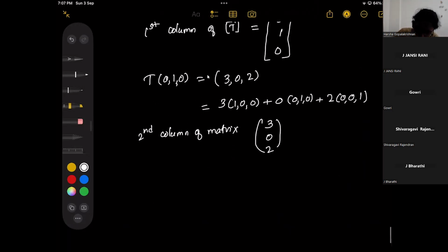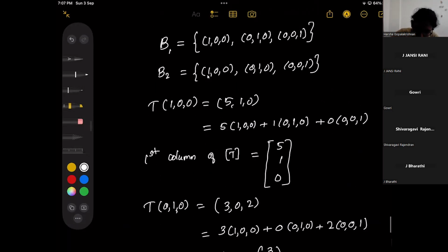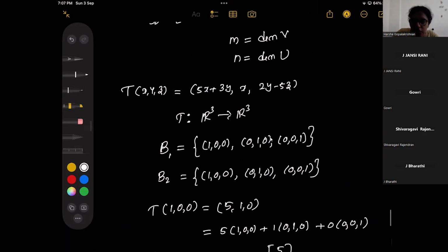Now, we can find T of 0 0 1. The third element 0 0 1 we are taking. What is T of 0 0 1? 0 0 minus 5.